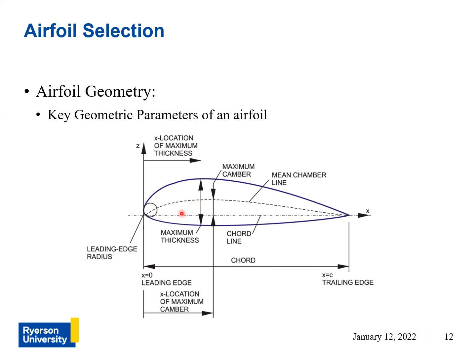Now, the thickness distribution of an airfoil is just the distance from the upper surface to the lower surface, and is measured by the perpendicular distance from the mean camber line. And what do I mean by that? So you see the camber line here, and it curves, right?